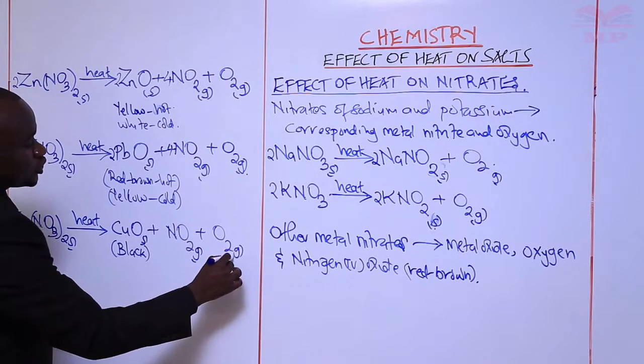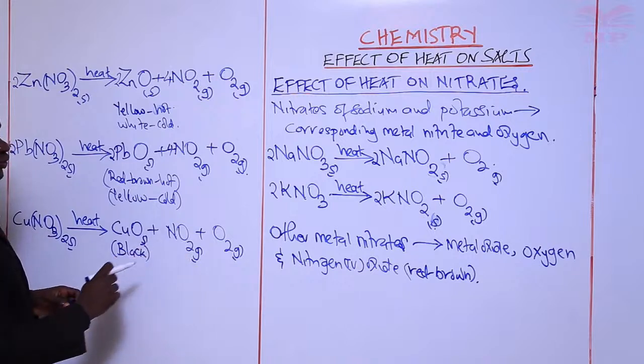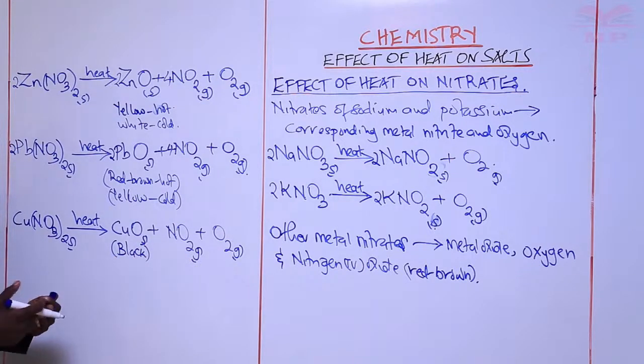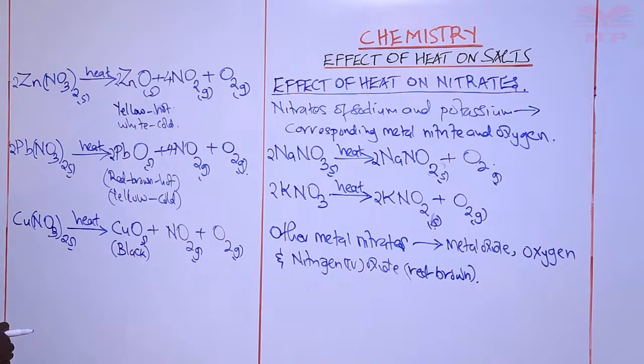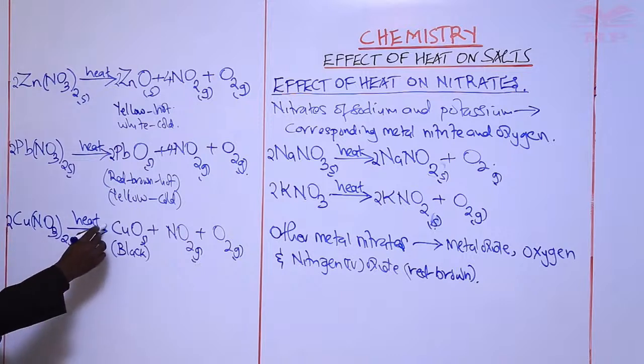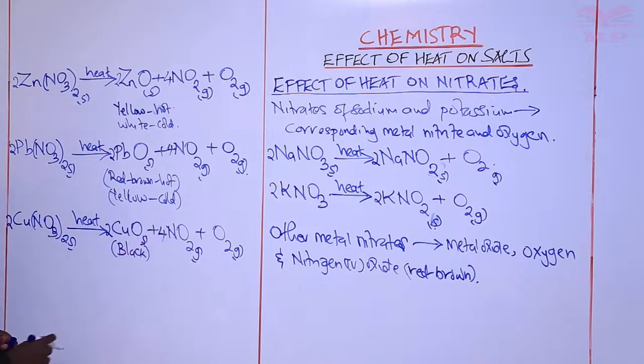Lastly, oxygen. Remember, we have said nitrogen oxide is a colored gas, so it can be seen, putting in mind that the gas is red-brown in color. So we balance once again, put 2 here, then 2, and then 4 on nitrogen oxide.